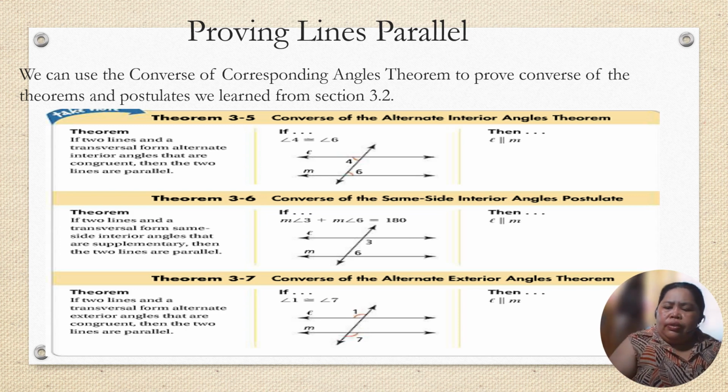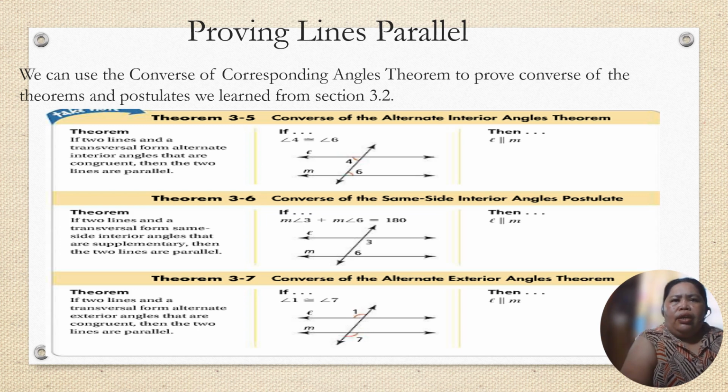Next we have Theorem 3.6, the converse of the same side interior angles theorem. If two lines and a transversal form same side interior angles that are supplementary, then the two lines are parallel.